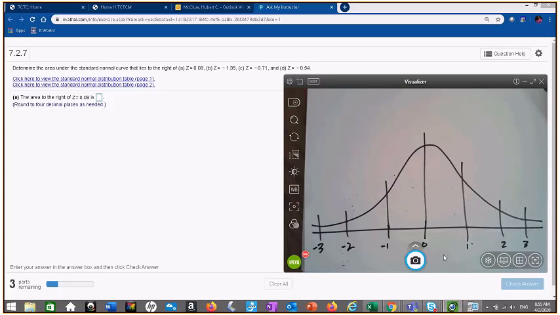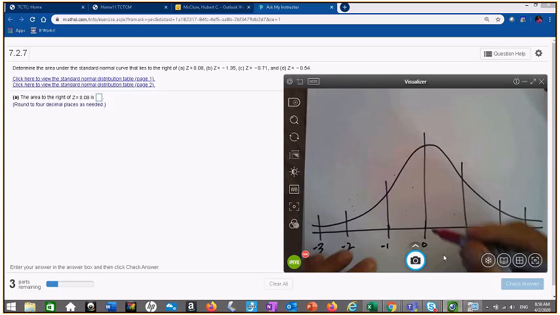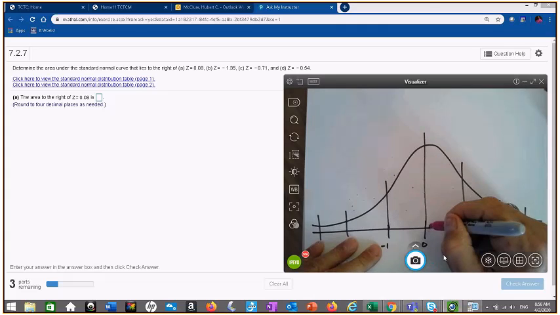I'm not going to add all those things. I'm getting tired of adding them. All right, so they say 0.08 to the right of 0.08. So we're going to do that in magenta. 0.08 is going to be right here.